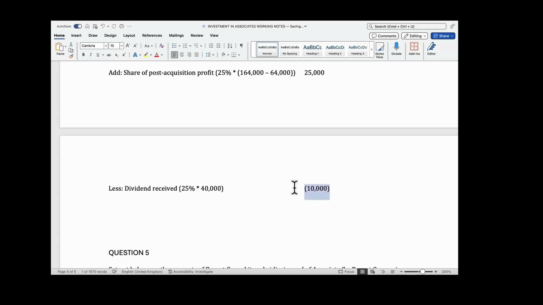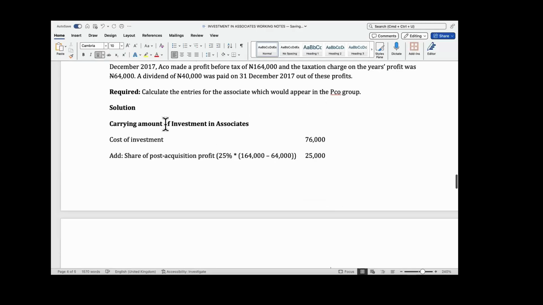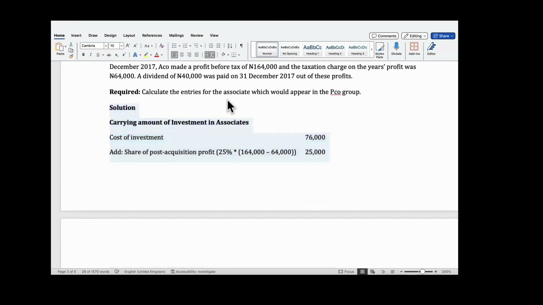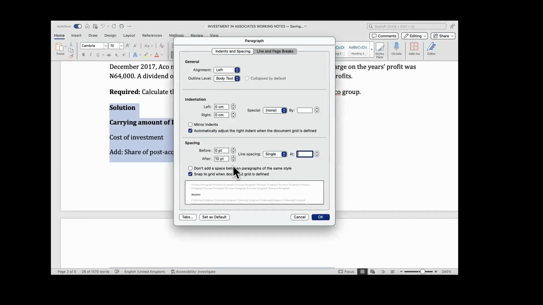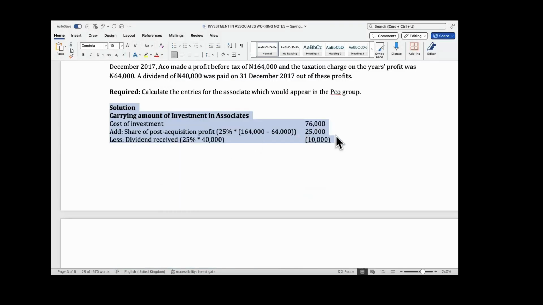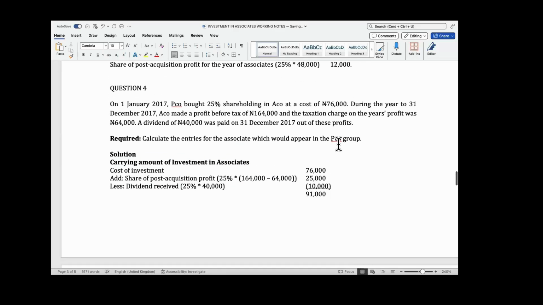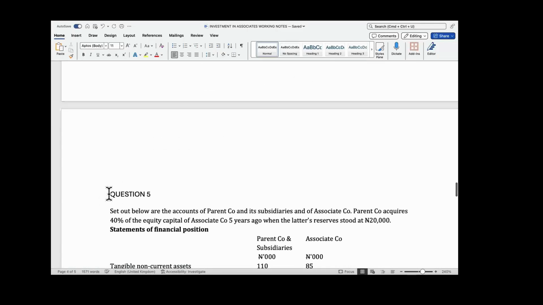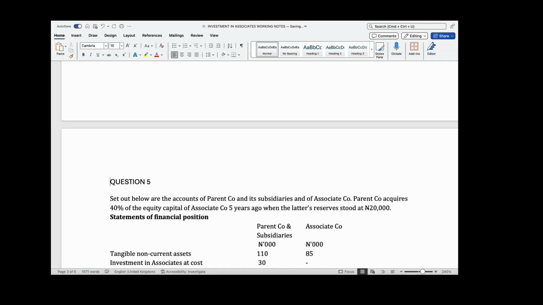So if I accumulate all this, what am I looking at? 91,000. Okay, so this is very similar to the last one we solved. Now let's solve a more complex one.